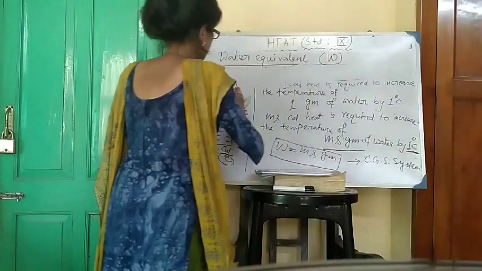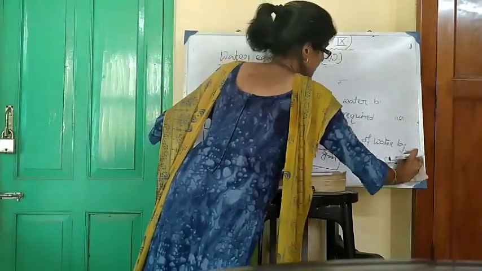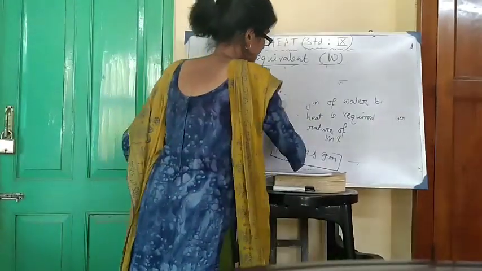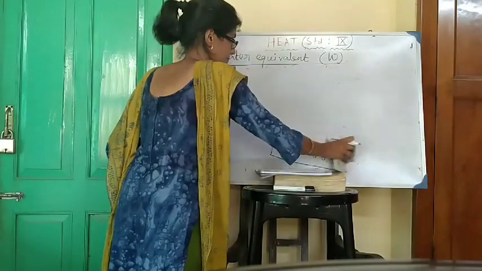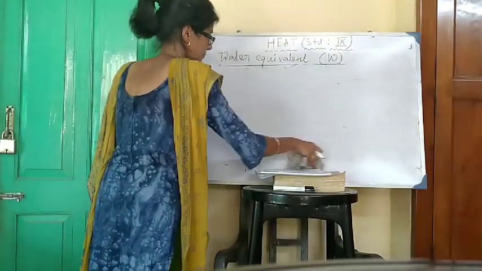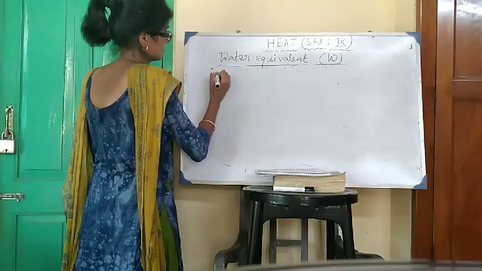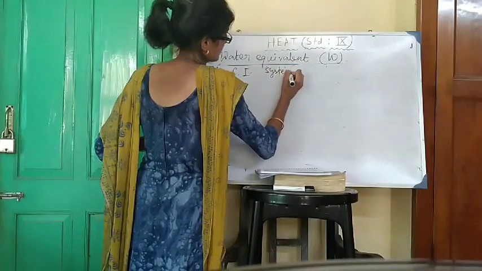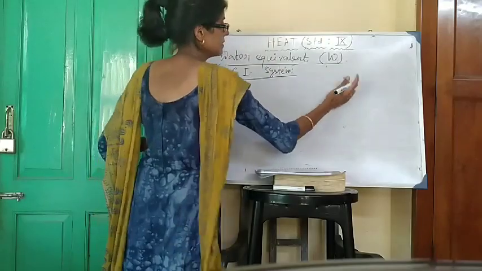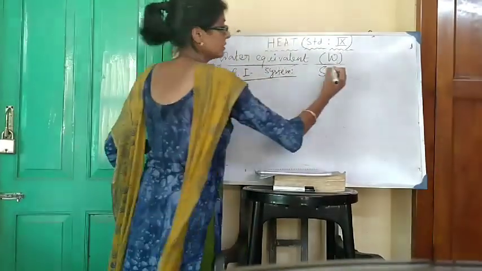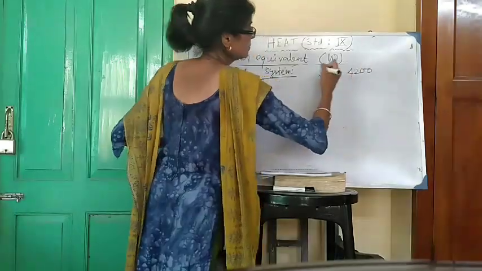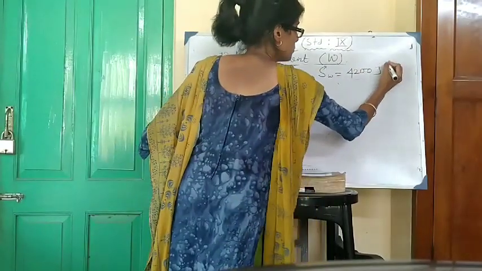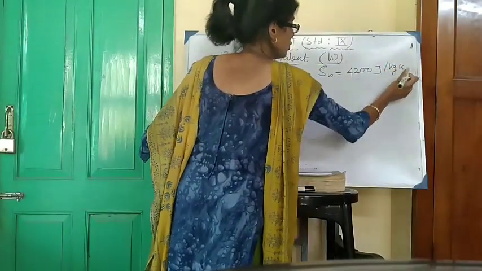Next, number 2, SI system. In SI system, the specific heat of water is 4200 numerical value, because 1 calorie per gram degree Celsius is equal to 4200 joule per kg Kelvin or joule per kg degree Celsius.